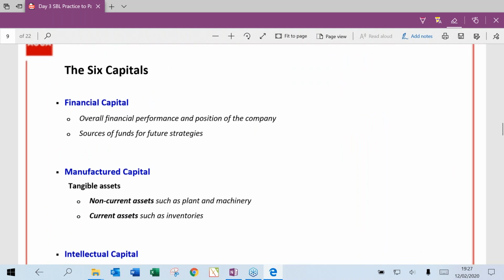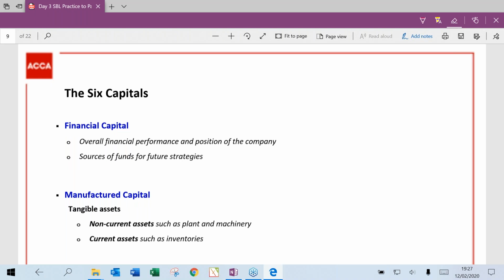A financial statement has share capital only, but an integrated report has six capitals. We as accountants, I'm a hardcore accountant, so when I heard six capitals, I wasn't able to believe my ears. We just know about share capital, but there are six capitals which integrated reports talk about.